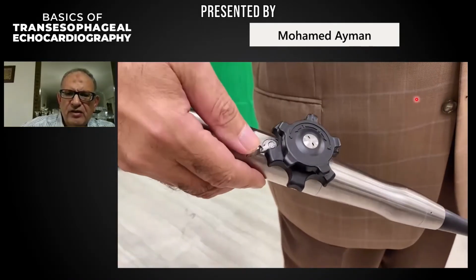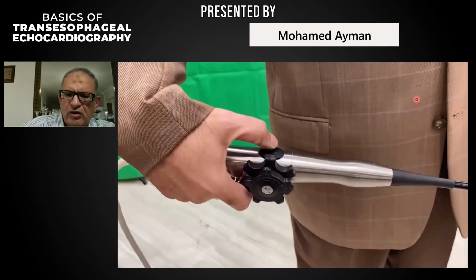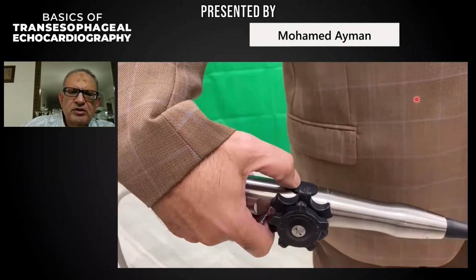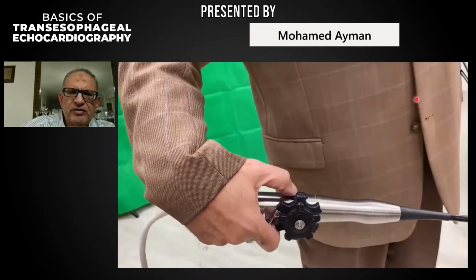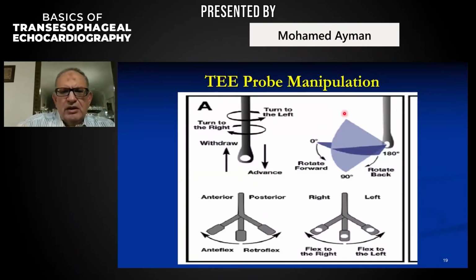And this is the lock, and I unlocked the wheel, and these are the buttons to increase and decrease the angle of the ultrasound.